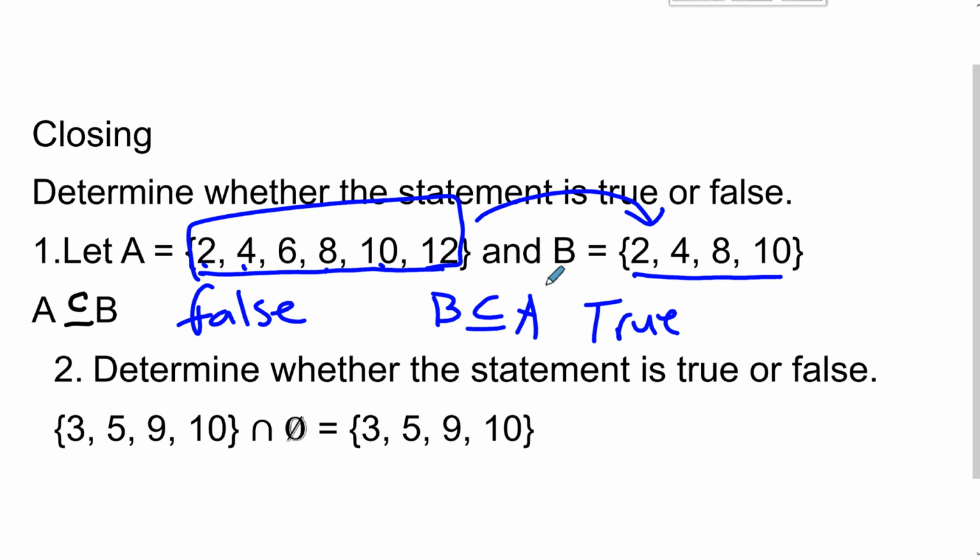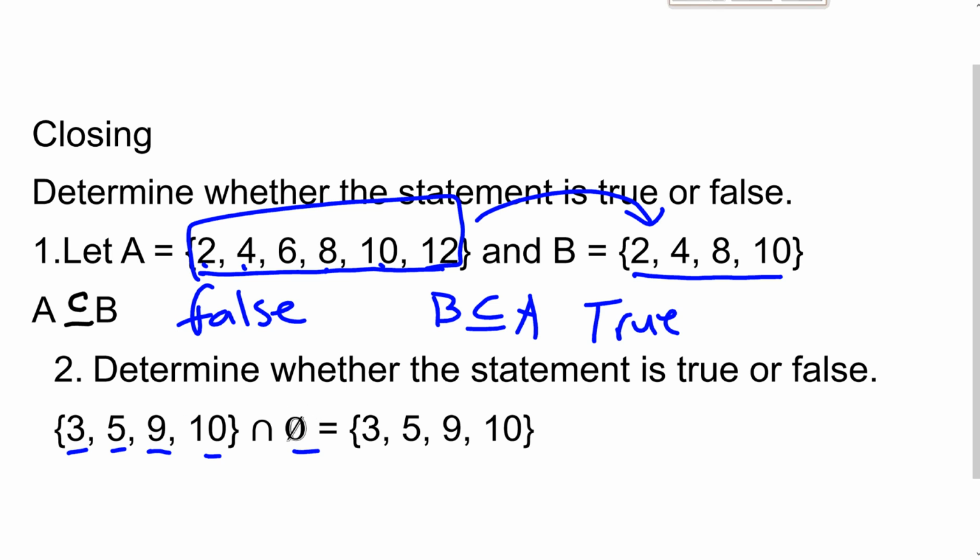Let's look at number 2 here. Determine whether the statement is true or false. What's the intersection of 3, 5, 9, and 10 with the empty set? Remember, an intersection means you're looking for what they have in common. What do this set and this set have in common?